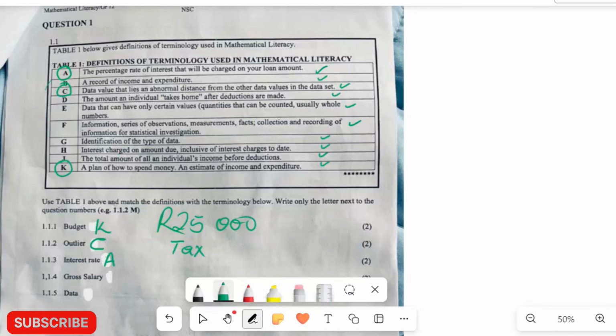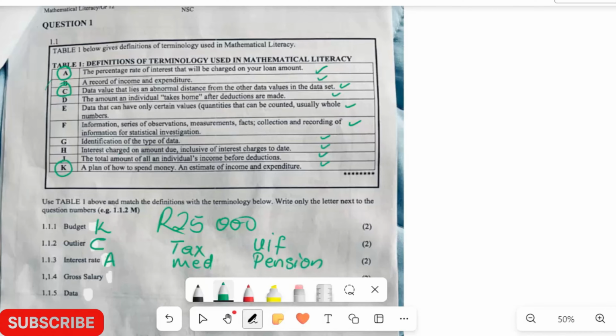If you've got medical aid, they are going to deduct something for medical aid. If you've got UIF, which is unemployment insurance fund, or a pension fund, that's all going to be deducted from that 25,000 rand.